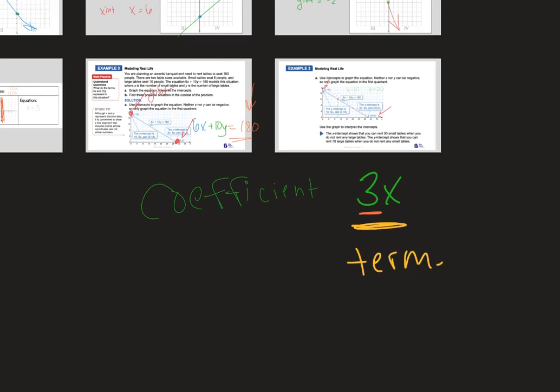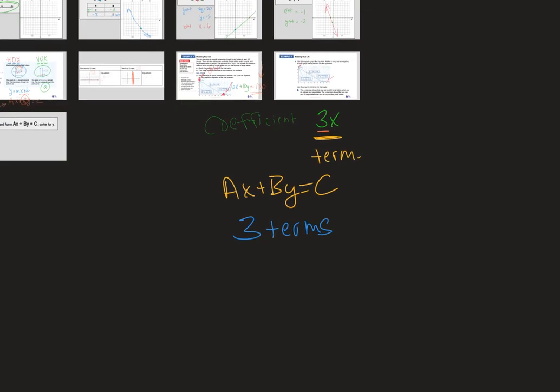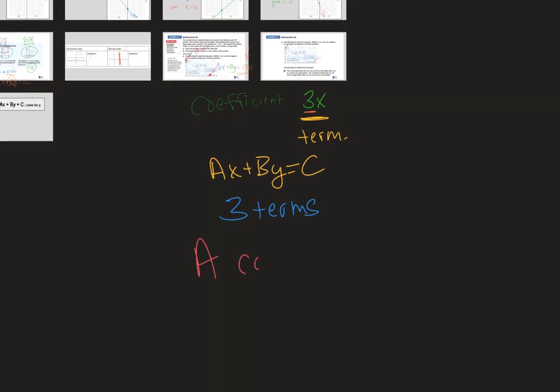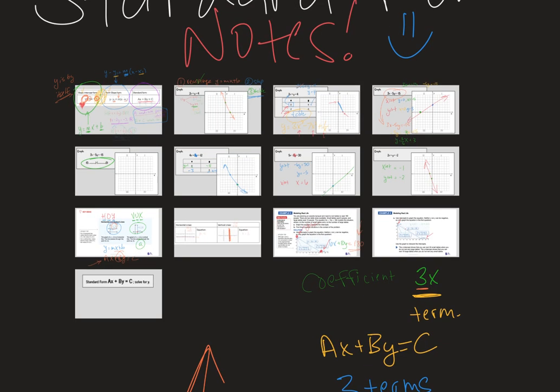Okay? So when we have ax plus by equals c, that's 3 terms. And a is 1 coefficient, and b is 1 coefficient, right? And for example, in our problem up here, this was table type 1, this was table type 2. Anyway, I think you get the idea when it comes to this.